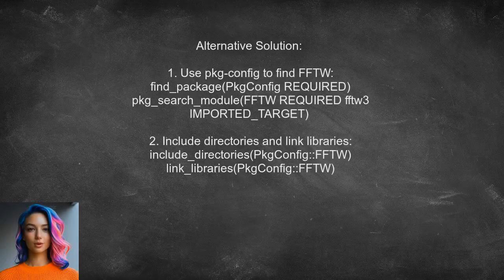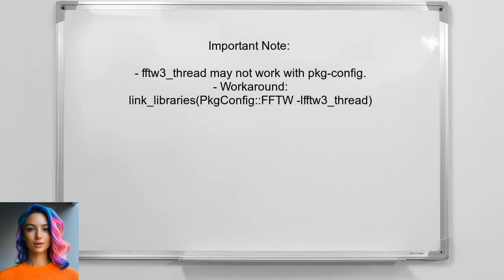An alternative approach involves using the pkg-config tool. First, you need to find the FFTW package with pkg-config. Then, include the necessary directories and link the libraries using the commands provided. Note that this method may not work with the FFTW3 thread component due to the absence of a separate .pc file.